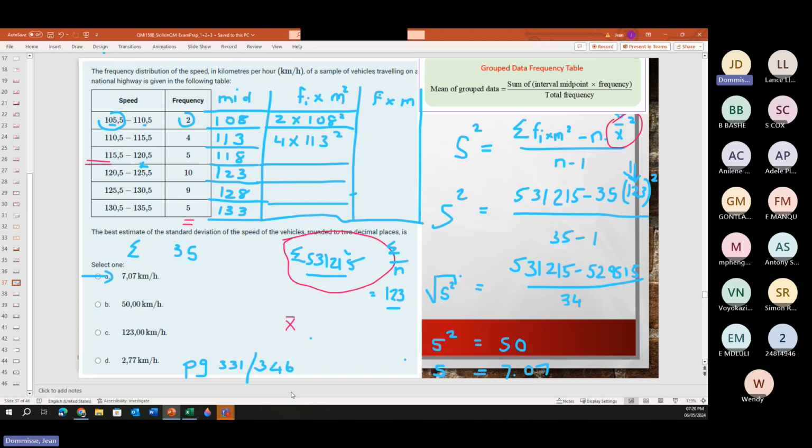Just for interest's sake, a mode one can't really get from the frequency table, and can one get the median?